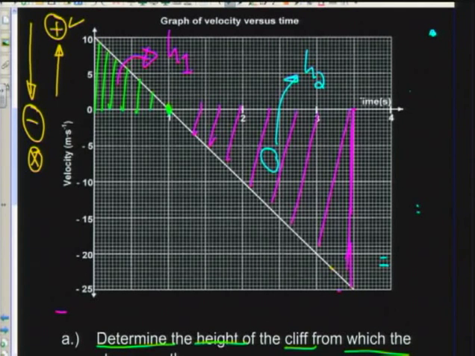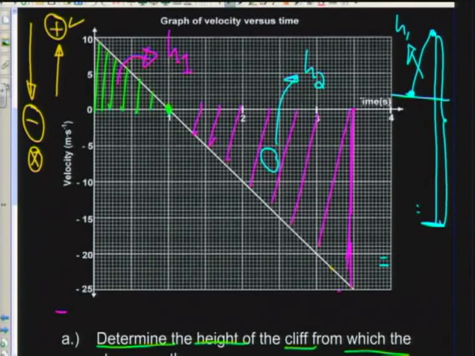So it was thrown from somewhere here, it goes up, then it turned and came down and hit the bottom of the cliff. Now, this area here, H1, talks about that part there. And then H2, on the other hand, this whole area here, is our H2.